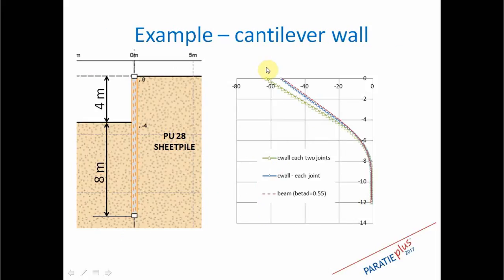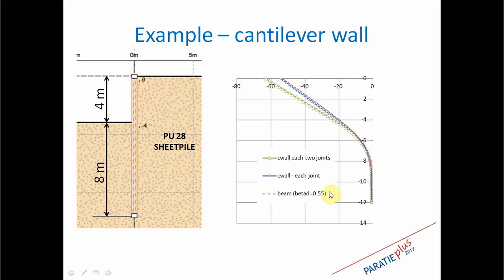We can check this behavior going into quite a realistic example, and we took a PU28 sheet pile that is normally recommended by many manufacturers, and we calculated the bending behavior of a cantilever sheet pile.